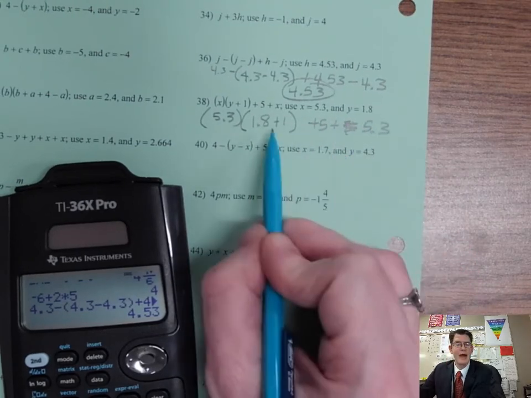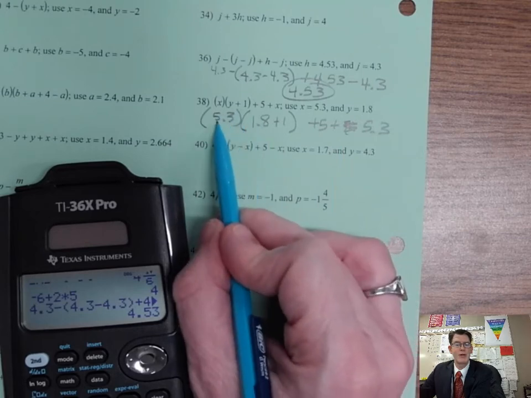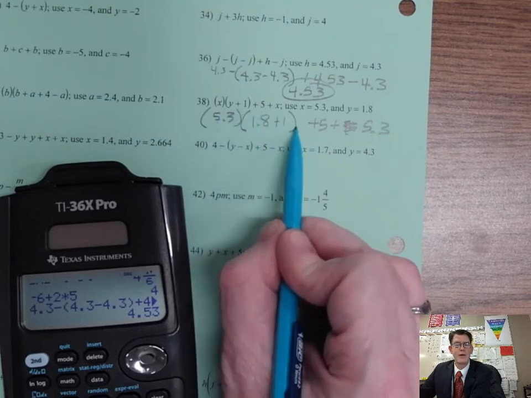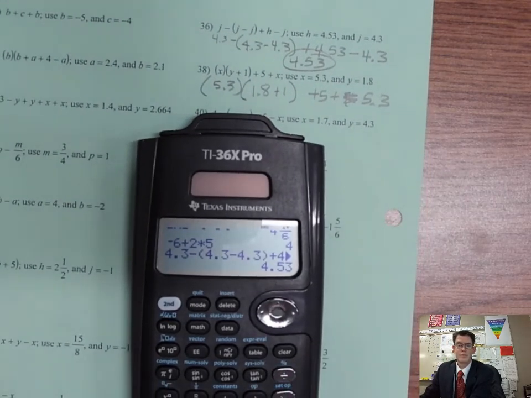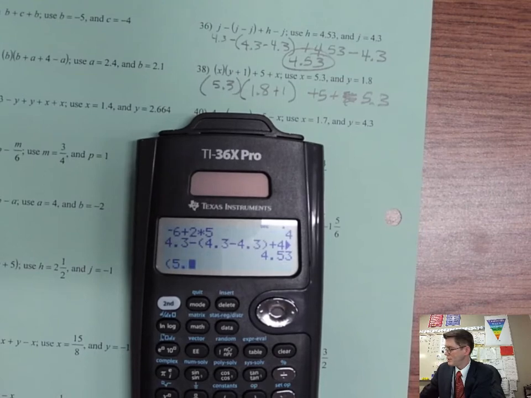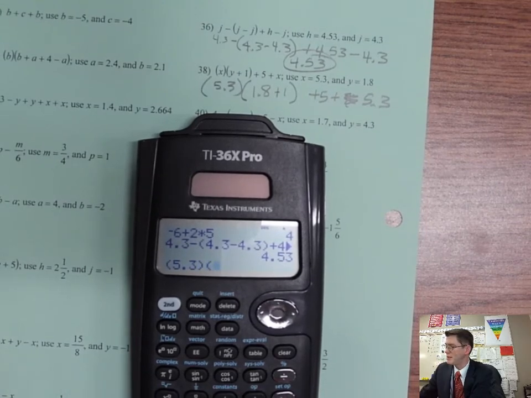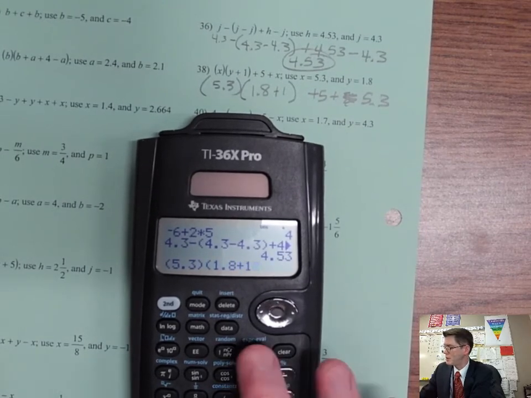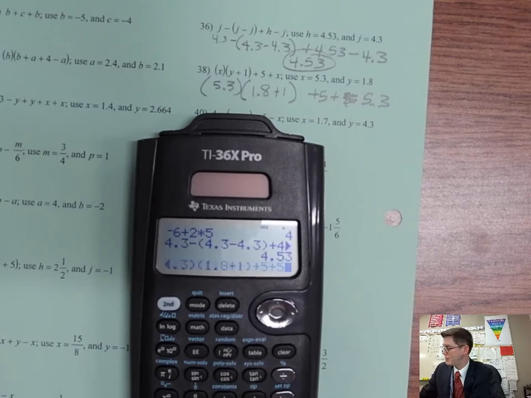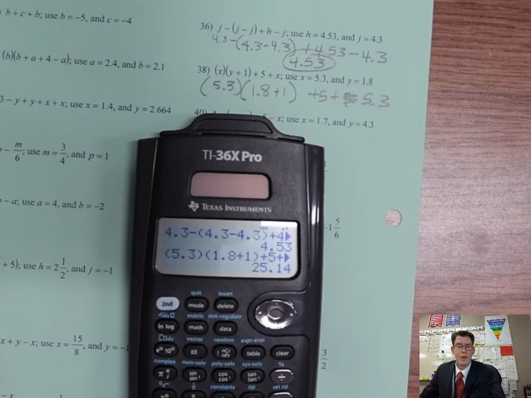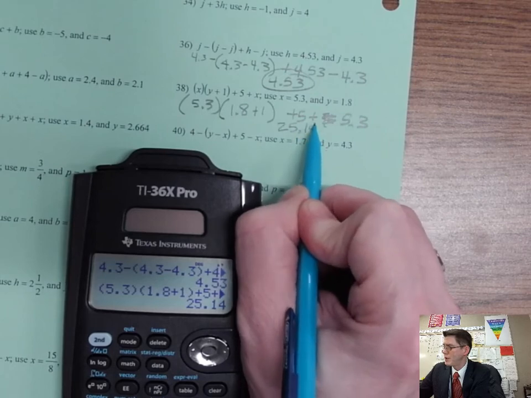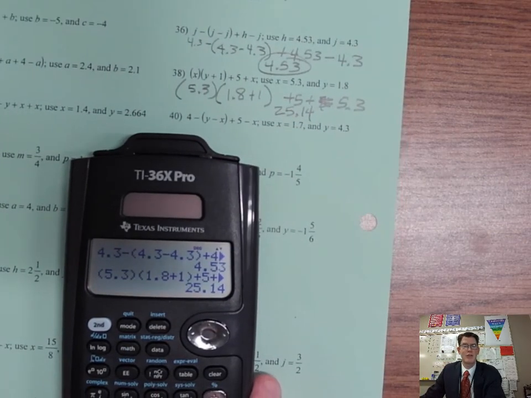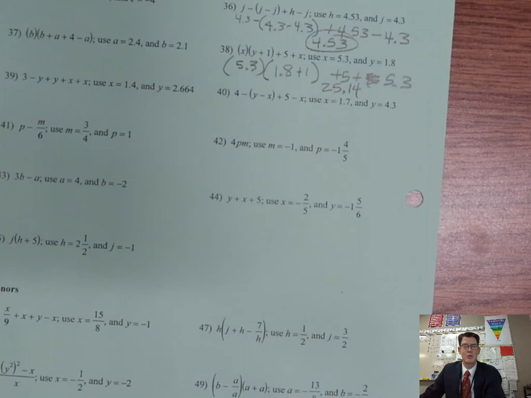As you type that in the calculator, these two are going to be multiplied together, the 5.3 times whatever is added together, and then add those up. 5.3 times 1.8 plus 1, plus 5 plus 5.3 is 25.14. Try a few of these and see if you're getting the same answers in the answer key. You're just evaluating, just substituting a number in.